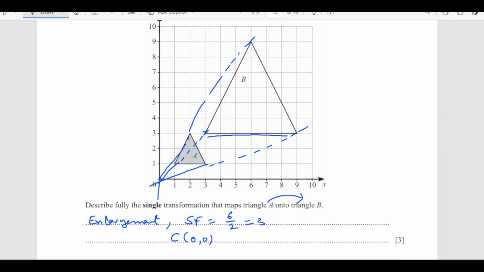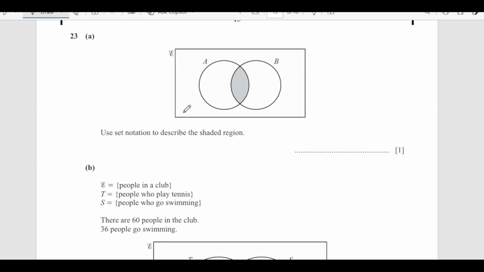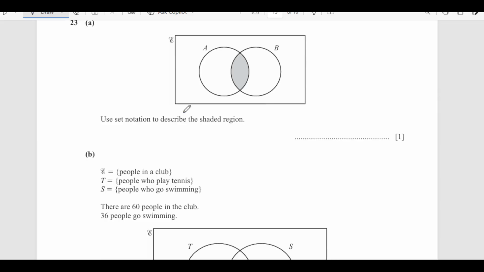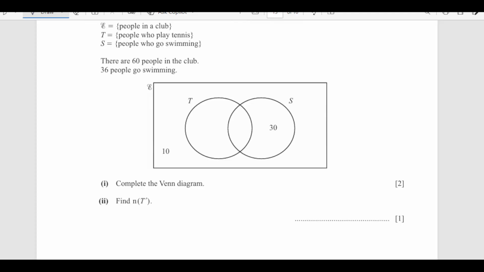Now the next one, number 23, this is a question from a Venn diagram. Use this notation to describe the shaded part. You can see the shaded part is there in the middle, so that is the intersection, the common part of A and B, A intersection B. Now the universal set is people in a club, people who play tennis, people who go swimming.